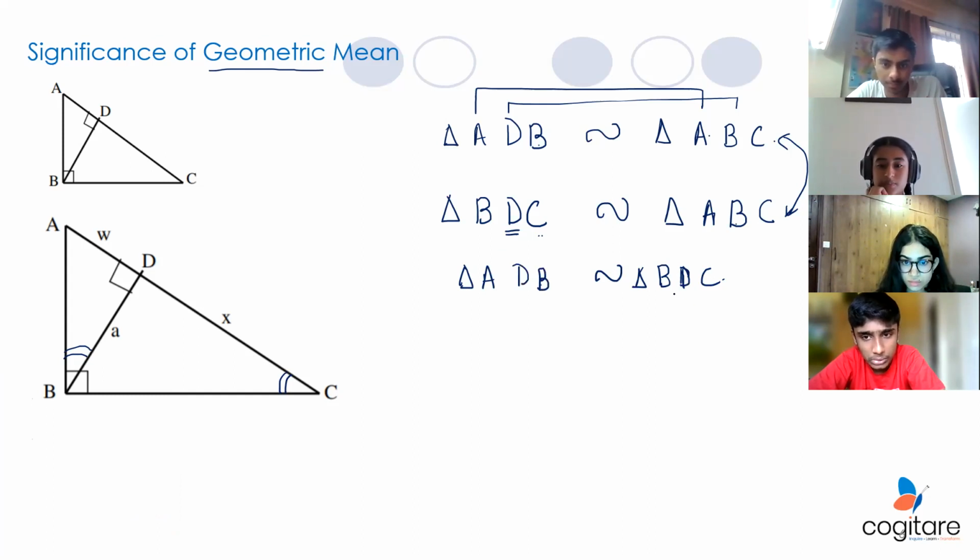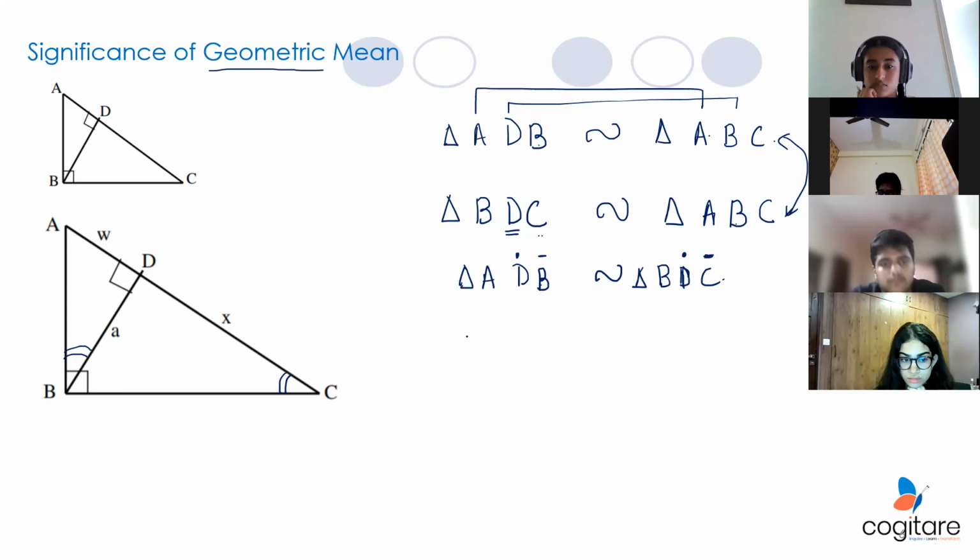ADB is similar to BDC. Aditya, is the order correct? Yes, ma'am. D is 90. And I've already marked angle ABD is equal to DCB. Therefore, they are similar.